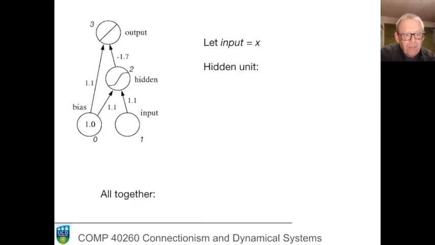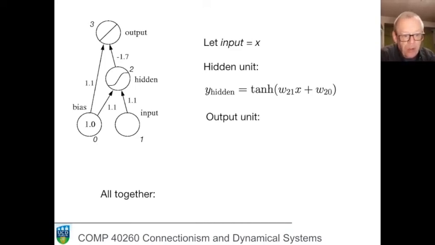So let's start. Let the input be x. And let's consider first what the hidden unit computes. The hidden unit is a tanh unit, so it's going to compute the tanh of its net input. And its net input is the weight to unit 2 from unit 1 multiplied by the input, plus the bias term, which is the weight from unit 0 to unit 2.